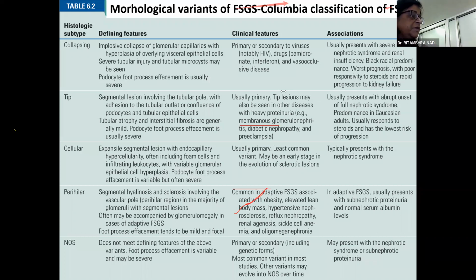So that is not a typical immunofluorescence positivity. When we talk of immunofluorescence positivity, as we learned in last lecture, it has to be patterned either in mesangium or along the basement membranes. So if it is present as a blob in area of scarring, that is not interpreted as being positive. Though I agree that many papers and many books do mention presence of IgM or C3 in FSGS, but that is basically in the scarred area or the sclerotic areas.